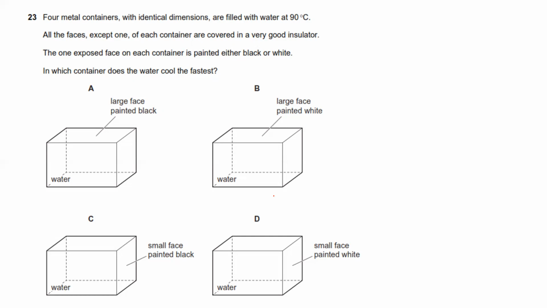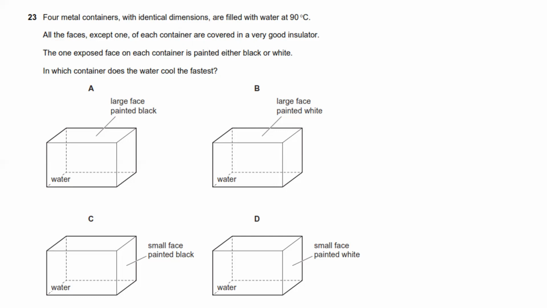So if we paint any container with black paint, it will absorb heat energy quickly, and it will also emit heat energy quickly. And if we coat any material with white, it will take a considerable amount of time to emit heat from the water if it is inside.